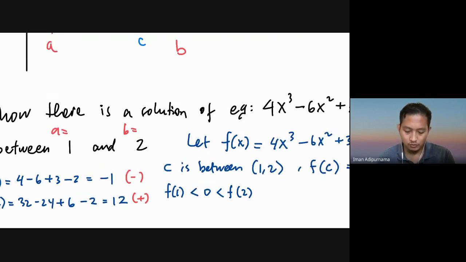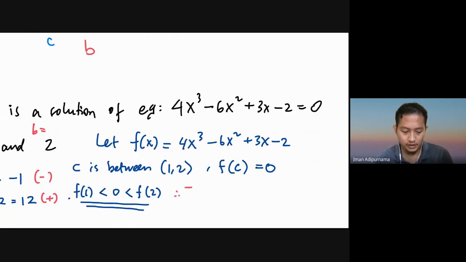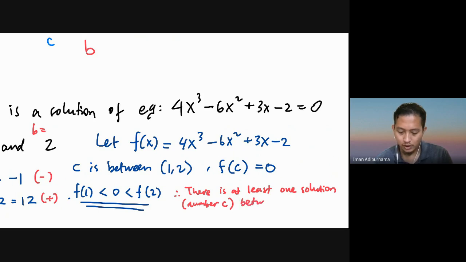So we can say that because 0 is in between f of a and f of b, or f of 1 and f of 2, there is at least one solution, or number c, between 1 and 2.